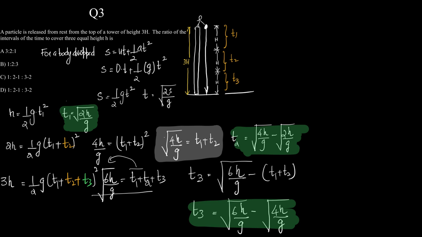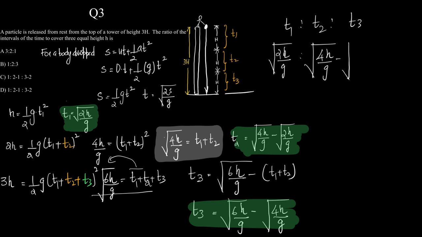So if we now try to simplify the expression, what do we get? t1 is to t2 is to t3 is root of 2h by g is to root of 4h by g minus root of 2h by g is to root of 6h by g minus root of 4h by g.